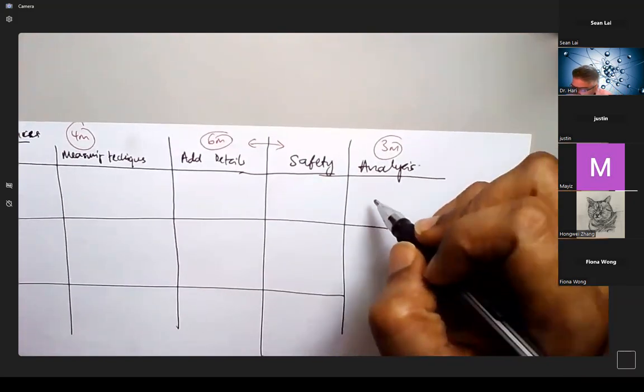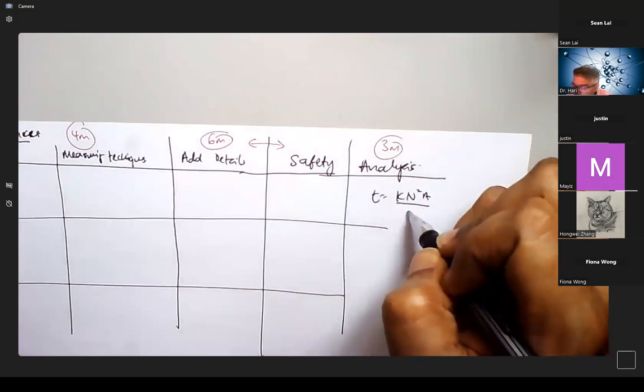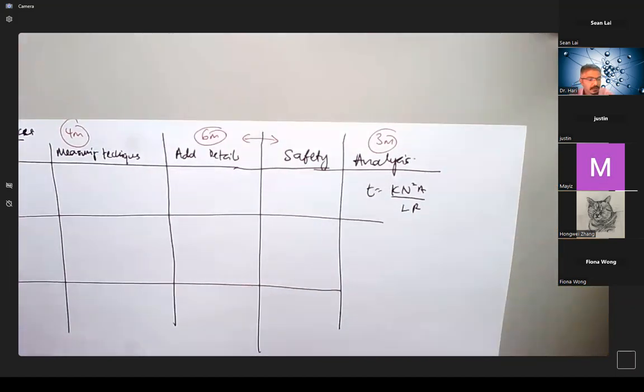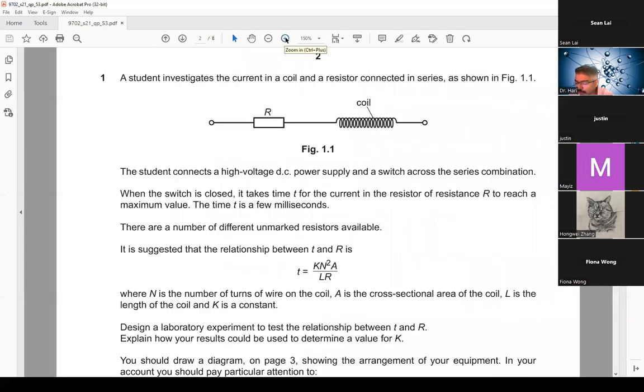So the formula given is T equals K n squared A over L R. This is the formula given. So n is the number of turns, A is the cross-sectional area, R is the resistance, L is the length, T is the time, and what is K?